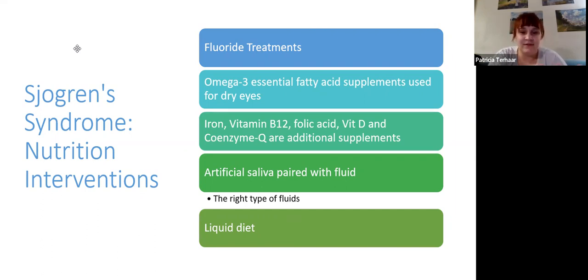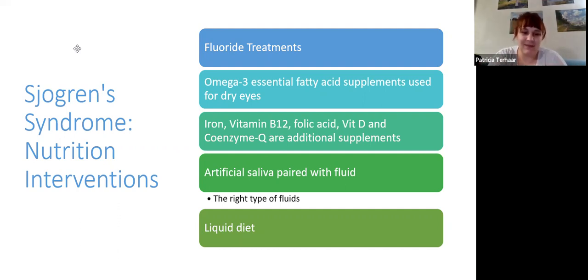And then there's artificial saliva paired with fluid, and you want to make sure that the patient is getting the correct type of fluid, focusing on drinks that don't have caffeine in them, more so just water and other things that help keep the patient from becoming constipated, and avoiding diuretics.